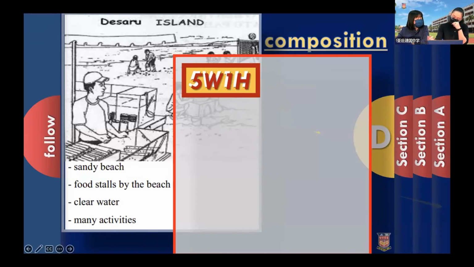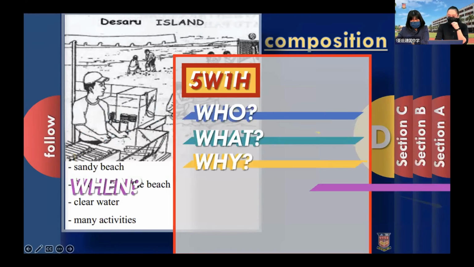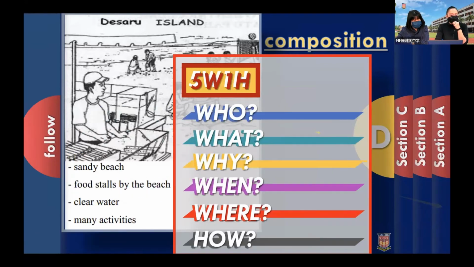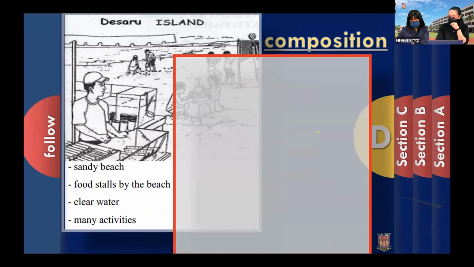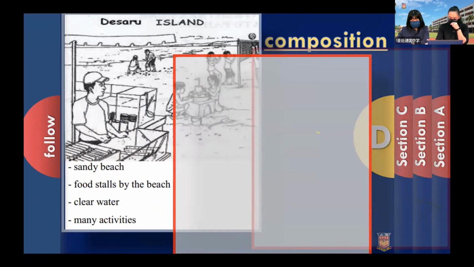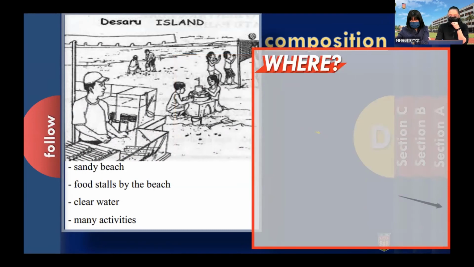Use the 5W1H to guide you in your writing. So who, what, why, when, where, and how. And friends as well, which is in the category of who.